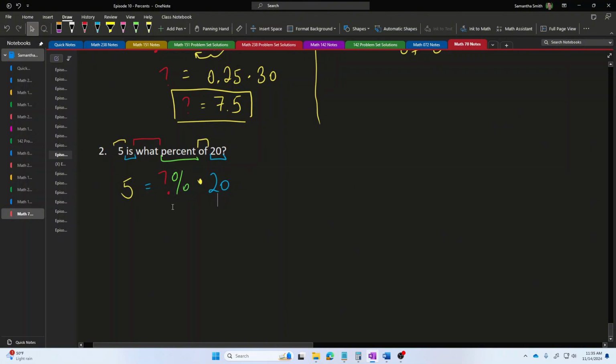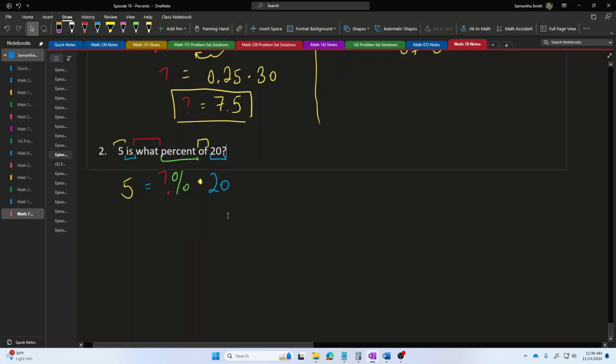Now the quantity I'm trying to figure out is the percent, right? And that question mark percent, that unknown percent, is currently being multiplied by 20. And I would like to get this unknown quantity by itself on the right side of the equal sign. So I need to get rid of this multiplied 20.